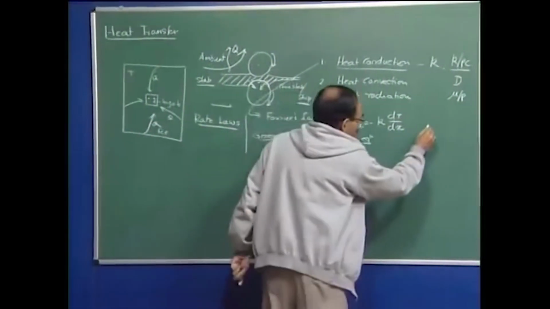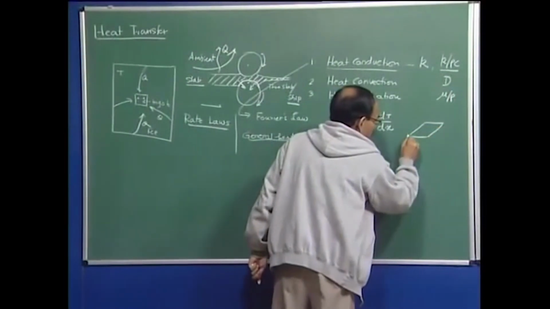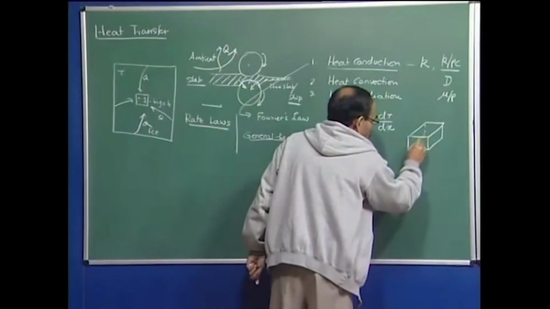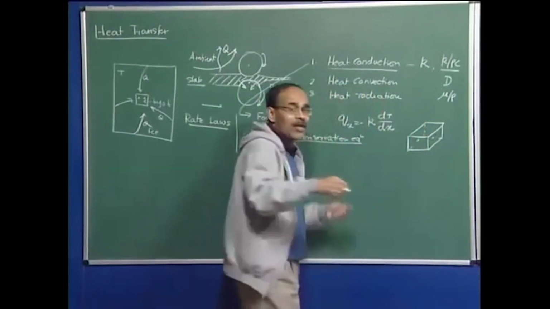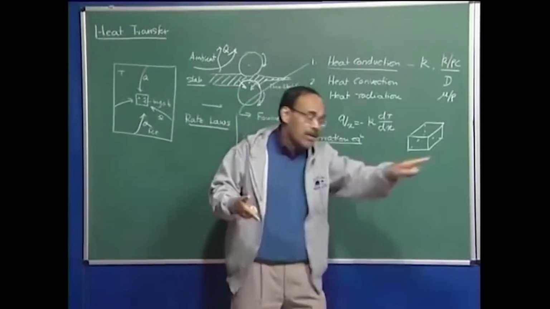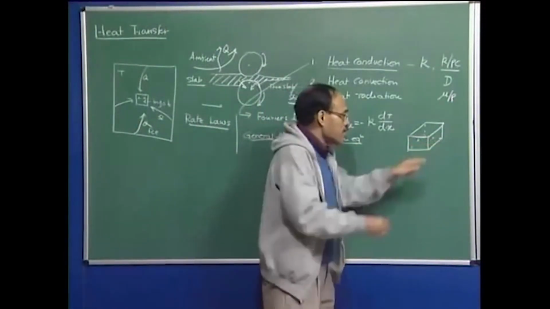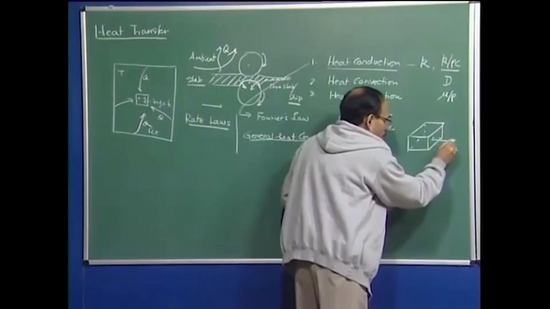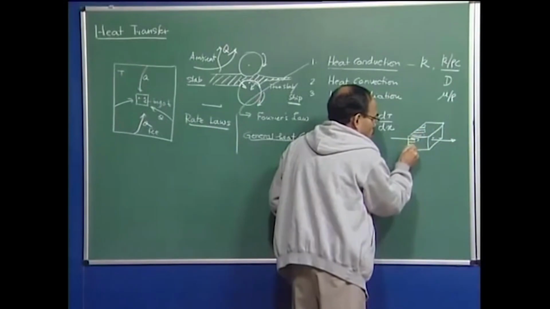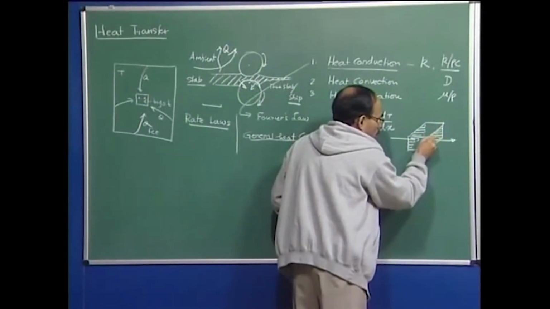This also you have done. I am just going to mention it: if you take a control volume, in that control volume we have heat flow along 3 directions. Heat is flowing due to conduction in the x direction, and it is leaving on this particular face, for example. It is entering on this face, this is the face I am talking about, and this is the face I am talking about.